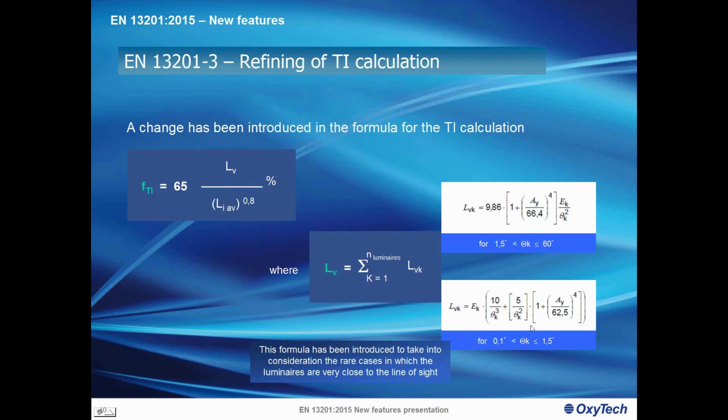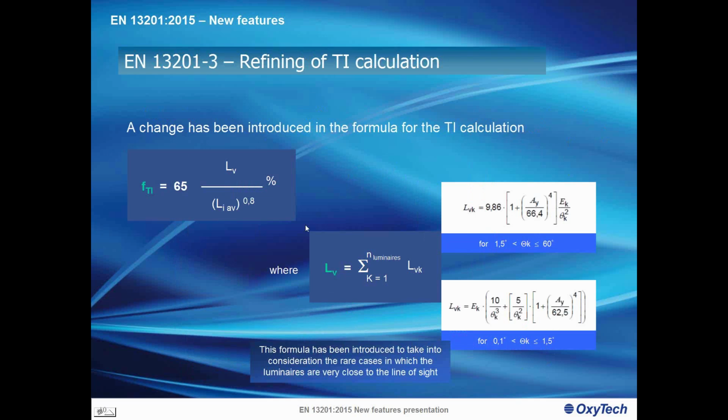So, let's come now to the third section of the standard, to the part 3, which is the one related to the lighting calculations. There was a change introduced for the TI calculation.